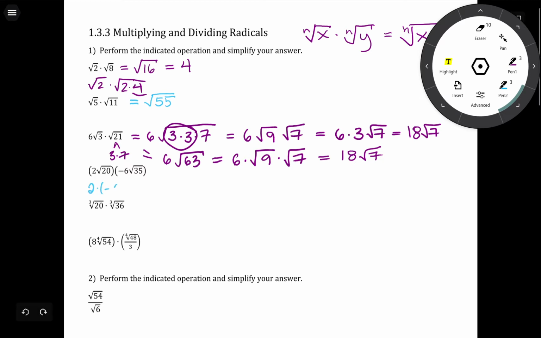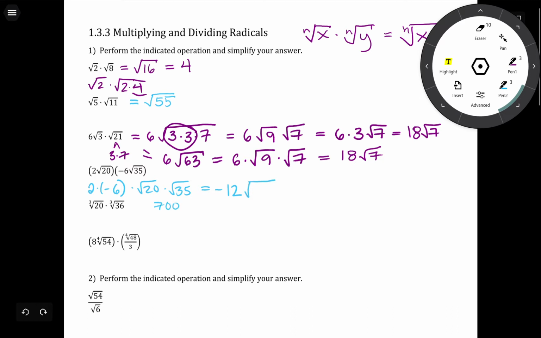2 times -6 times root 20 times root 35, which is going to give me a -12. And then, again, this is up to you what you like better. If I multiply 20 by 35, I'm getting 700. So here, we can do that.